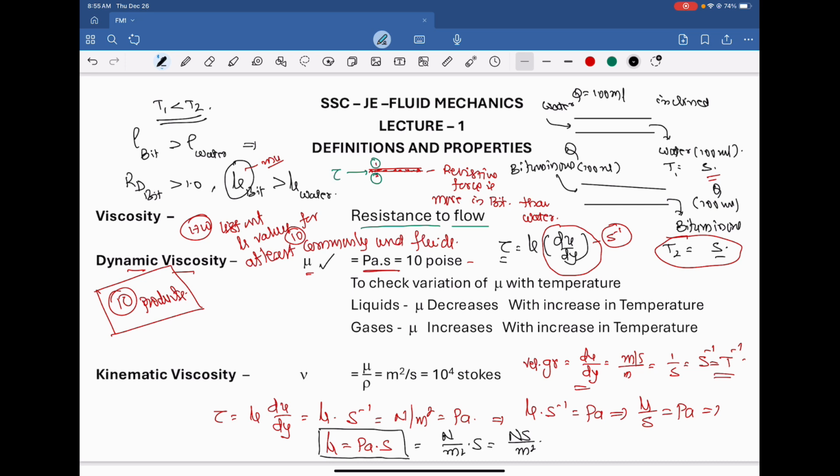On this also I am going to give some MCQs. And the practical value of dynamic viscosity is mentioned by the manufacturers for a fluid whenever they design. For engineering designs, we usually use the dynamic viscosity in poise.